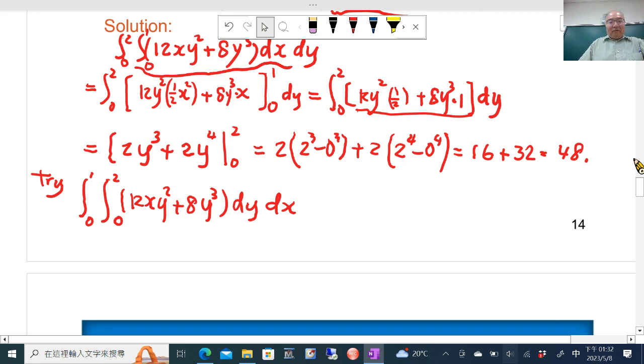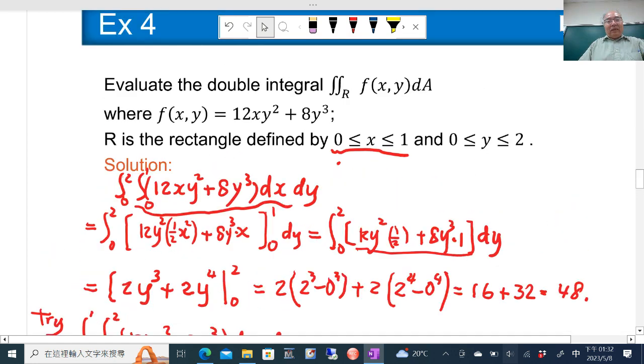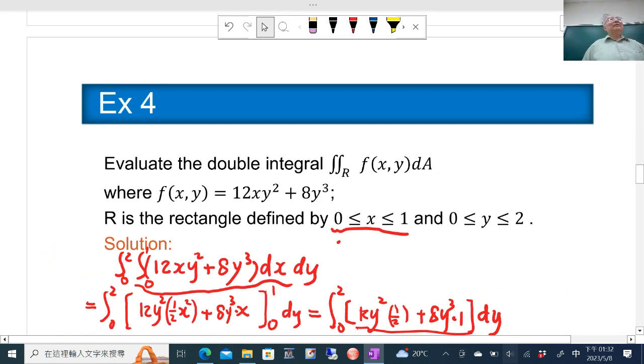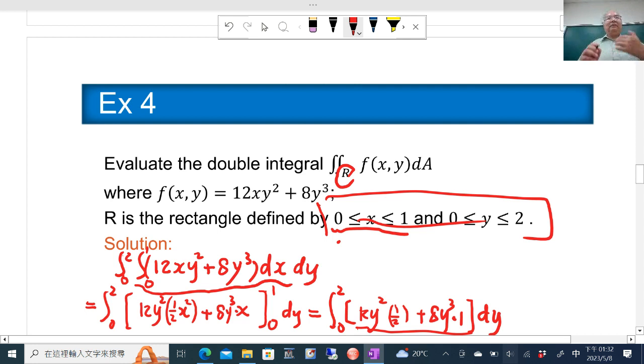Now, in most situations, the double integral won't be that easy. The key will be the domain of our integration, say R. In this case, R is a rectangle with x from 0 to 1 and y from 0 to 2.